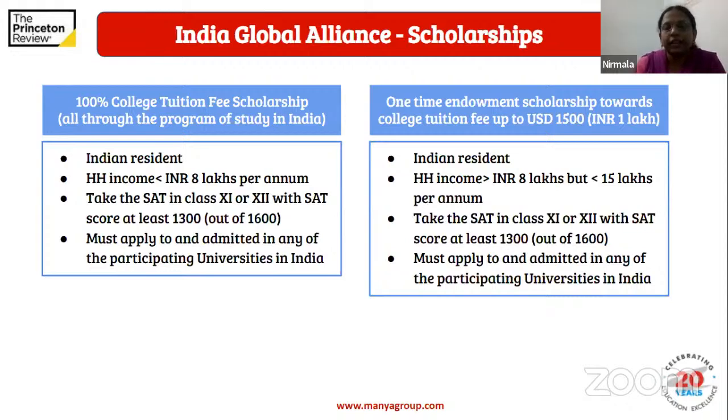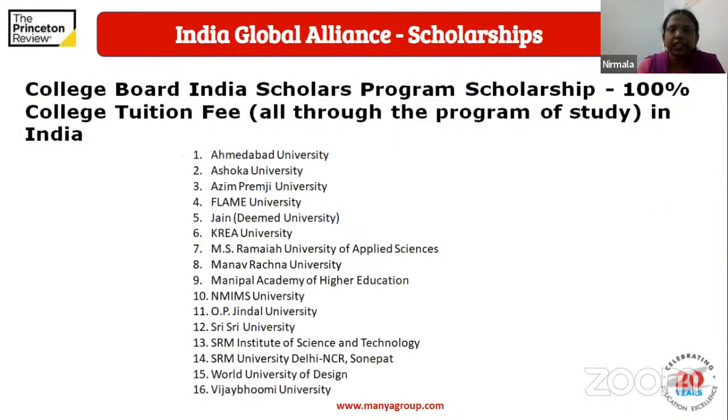If you get admission into any one of the participating universities in the India Global Alliance, then you get a 1,500 one-time scholarship. These are the universities which participate in the 100% scholarship, and all the members of the India Global Alliance give that $1,500.